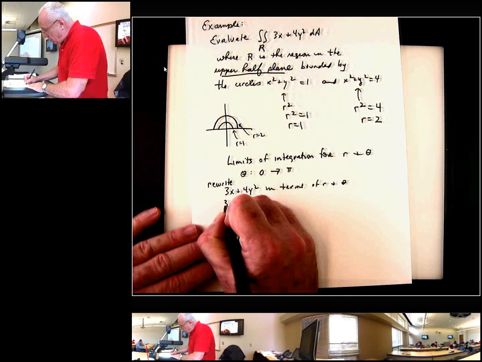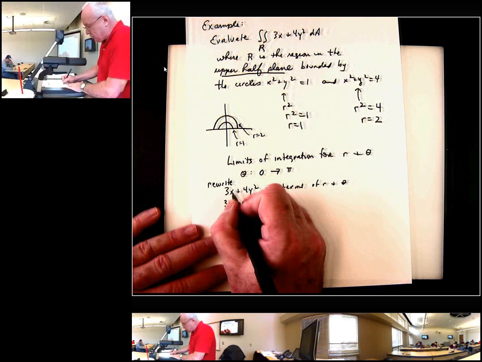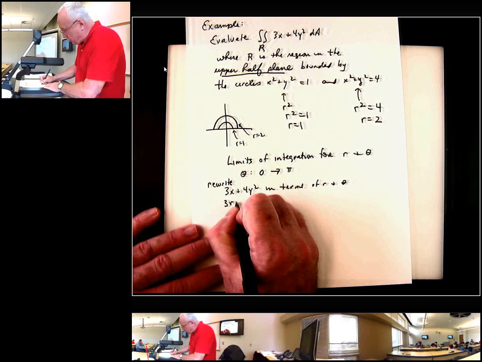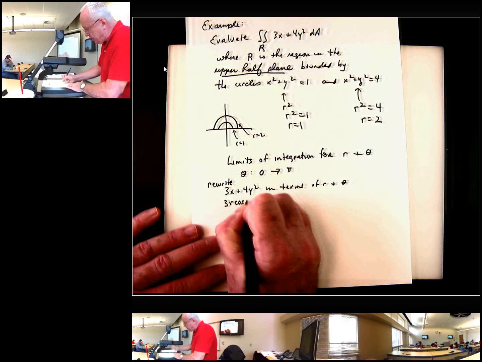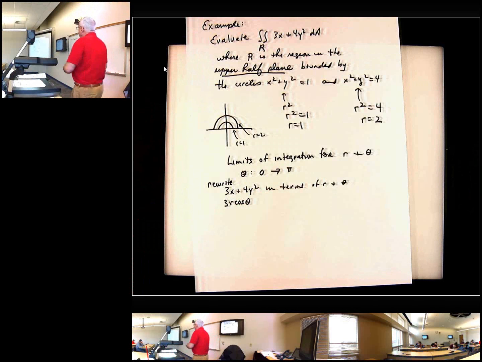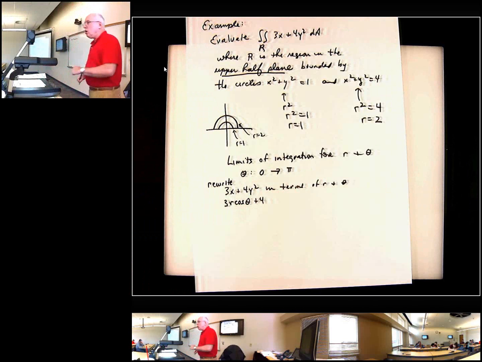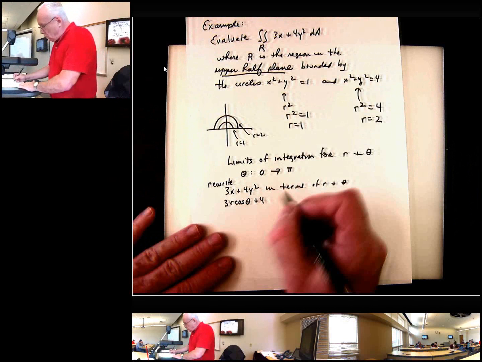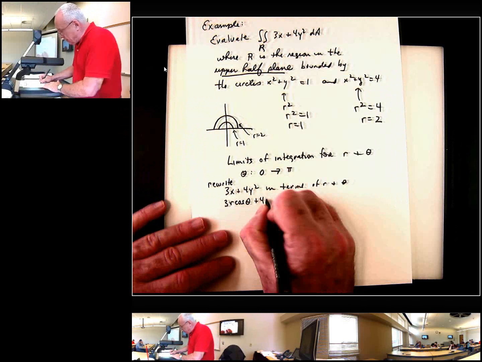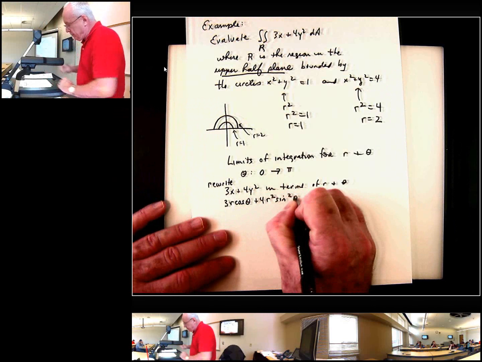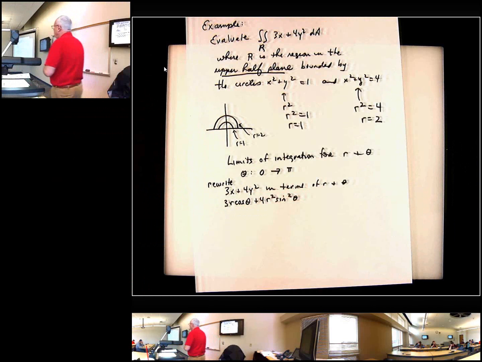So we have 3 times x, that's going to be 3 times r cosine of theta, plus 4, y is equal to r sine theta, so y squared is r squared sine squared theta.